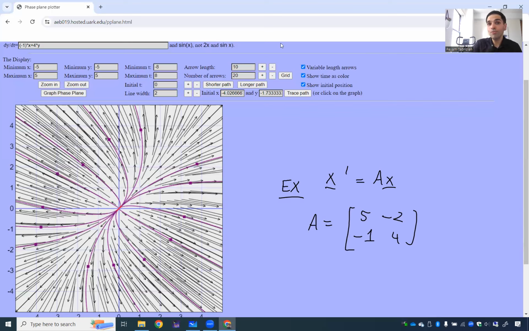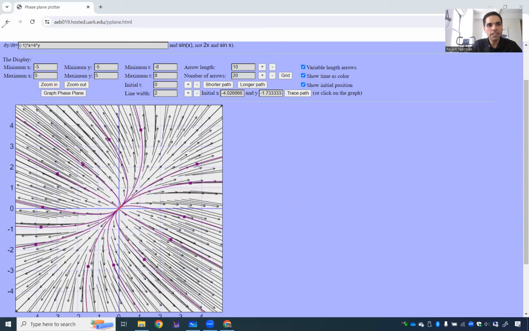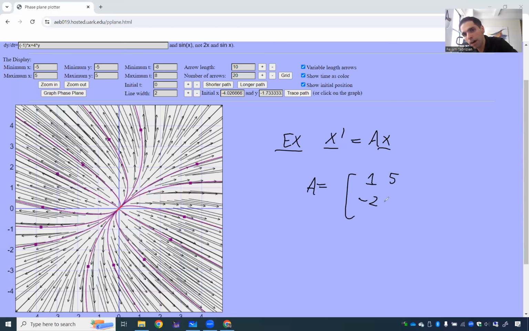And it looks really cool like that. And of course, we can do complex things. So maybe, let me annotate correctly. Here, clear. Let's try to do x' = Ax, where A is this time [1, 5; -2, 3].